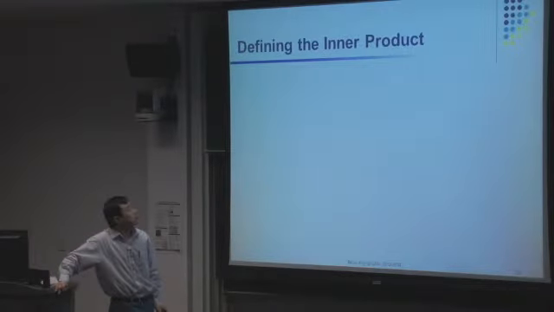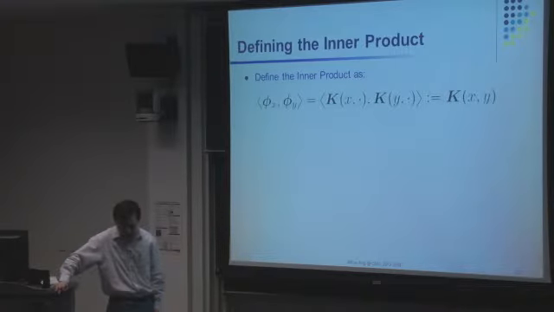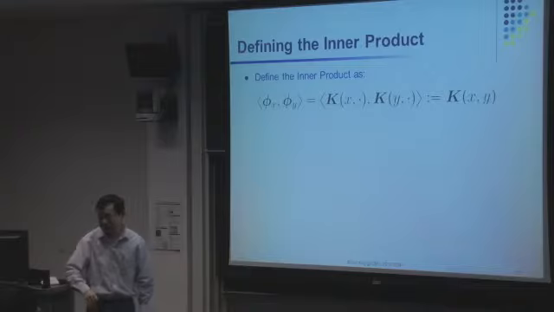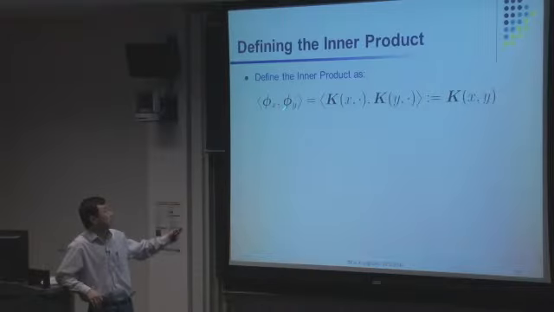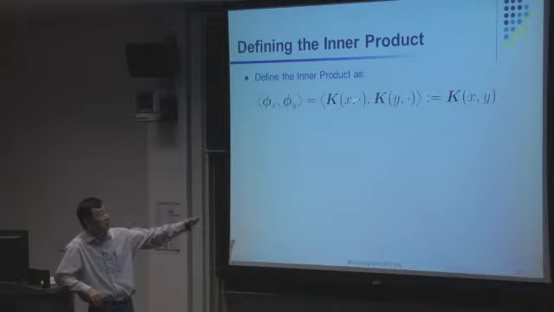So now define inner product. Inner product, in this particular type of kernel, has this interesting property. If you are talking about these two feature functions, these are two features, right? One is anchored on x, the other is anchored on y. Then they basically can be represented by this half kernel, basically, two half kernels.